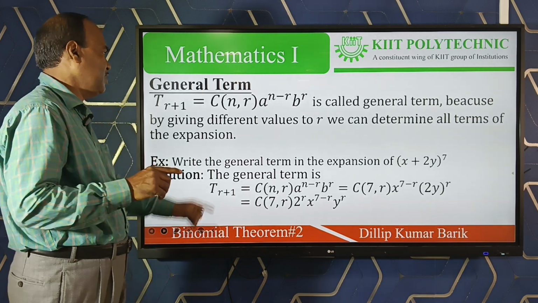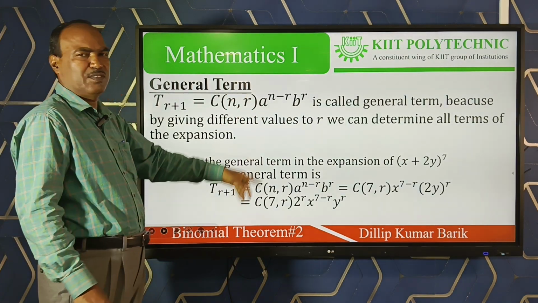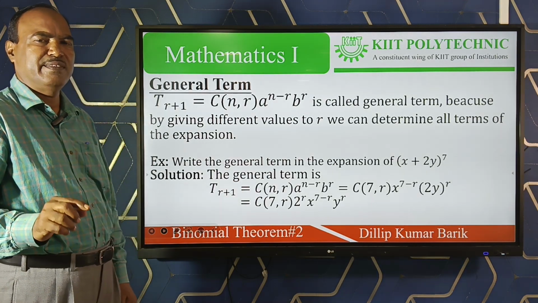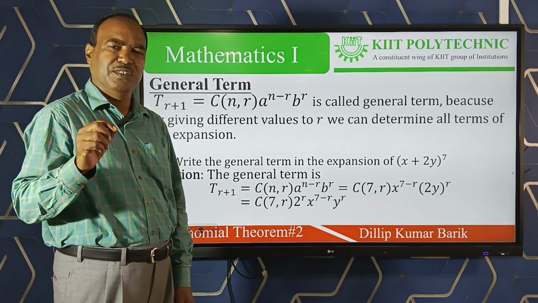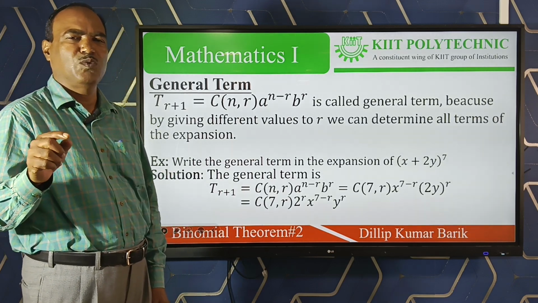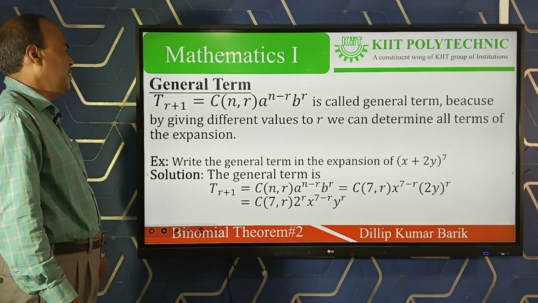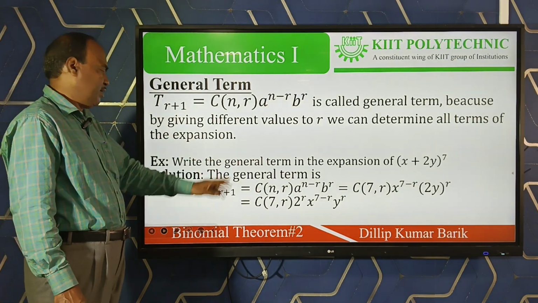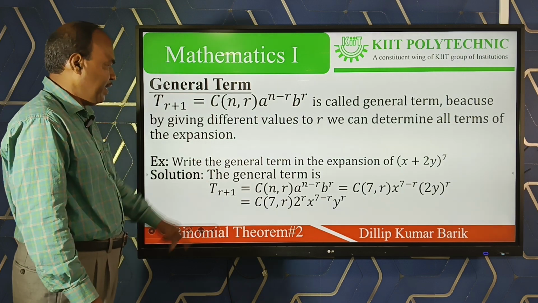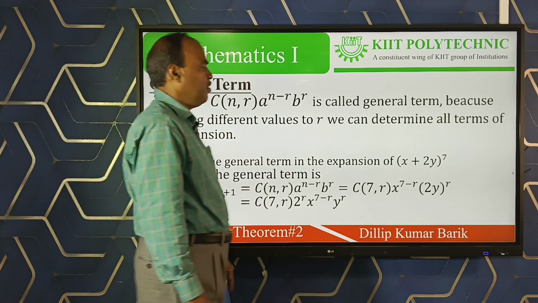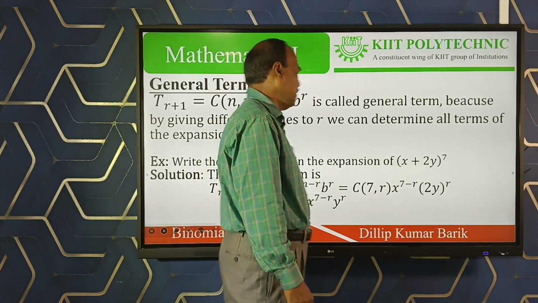n is always fixed because the power in our expansion (a + b) to the power n is fixed. r is a number, r may be 0, maybe 1, maybe 2, and so on, maybe 50 and so on. Using this, let me take an example: write the general term in the expansion of (x + 2y) to the power 7.